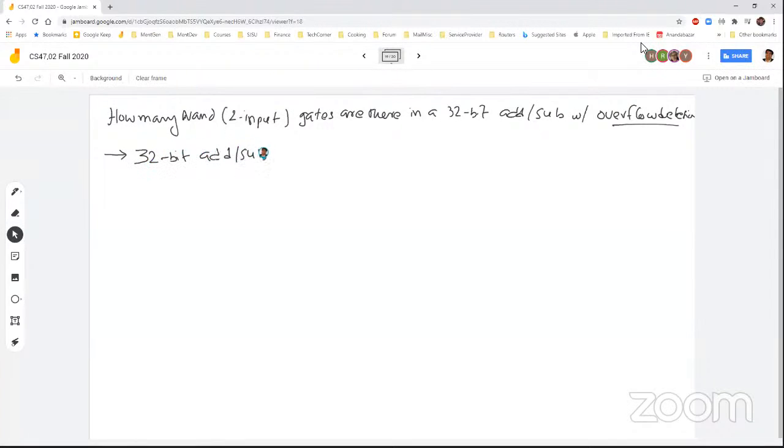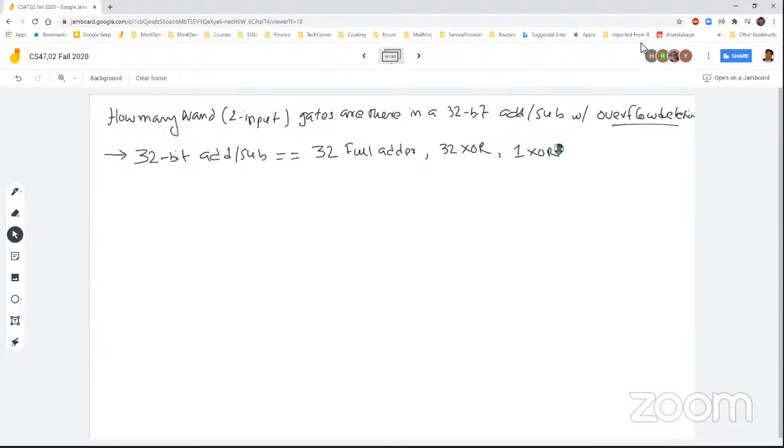That circuit will have 32 full adders, and it will have 32 XOR for flipping the B input for the subtraction, and one XOR.